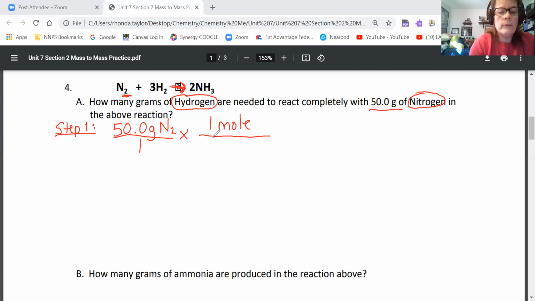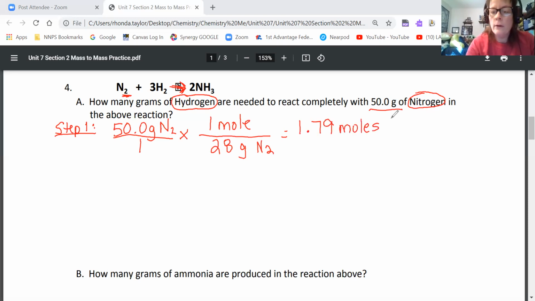So 14 times 2 is 28 grams in 1 mole for N2. All right, and then you can do the math there, and you're going to see that we have 1.79 moles of nitrogen are found in this 50 grams. Okay, so that's the number of moles that we have.